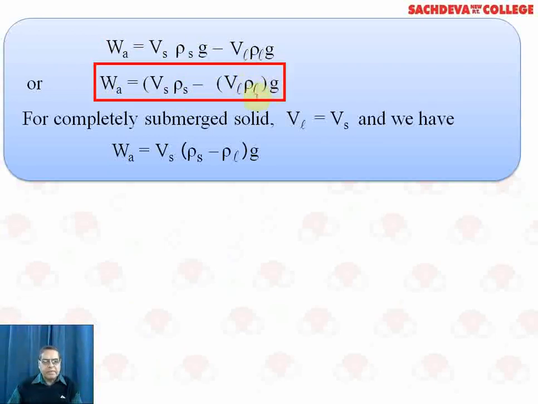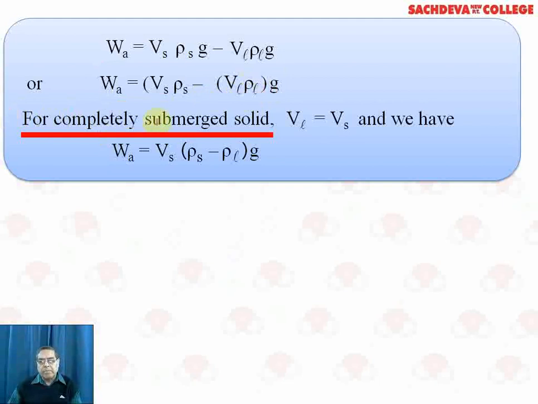So apparent weight is Vs rho S minus Vl rho L, times g. For a completely submerged solid, Vl is equal to Vs, that is, the volume of liquid displaced is equal to the volume of solid. And we have Wa, the apparent weight, equal to Vs into rho S minus rho L, into g.